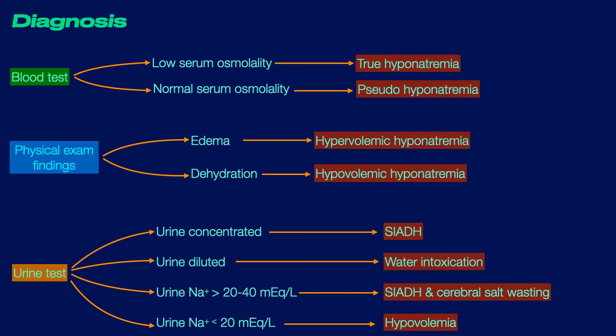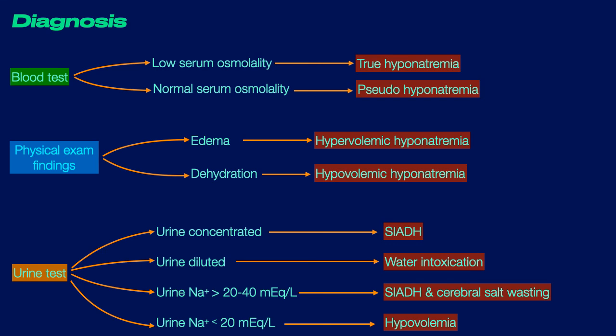If the urine osmolality is really concentrated, greater than 100 milliosmoles per kilogram, then the problem might be SIADH. On the other hand, if urine osmolality is dilute, that is less than 100 milliosmoles per kilogram, then the problem might be due to taking too much liquid, that was called polydipsia.